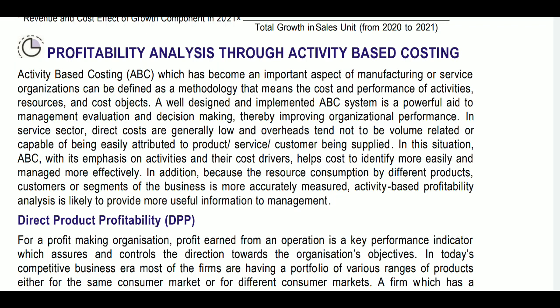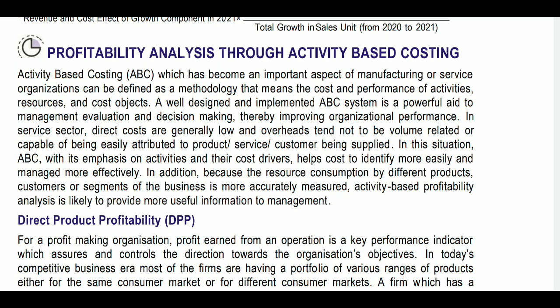Activity based profitability analysis provides more useful information to the management. So 4 points will be remembered for the profitability analysis through activity based costing. First, it is important for manufacturing and service organization. For cost performance activities, that is resources and cost objectives, management evaluation and decision making will be done by this ABC.